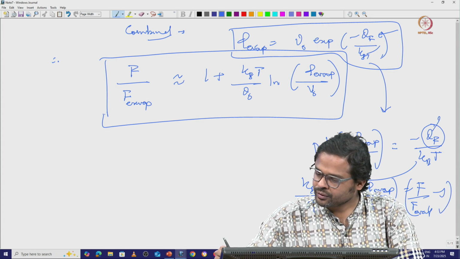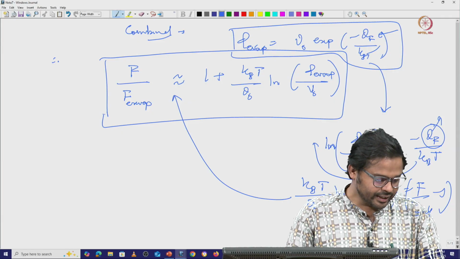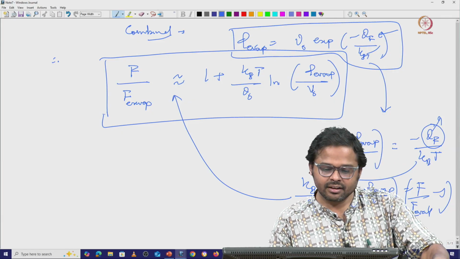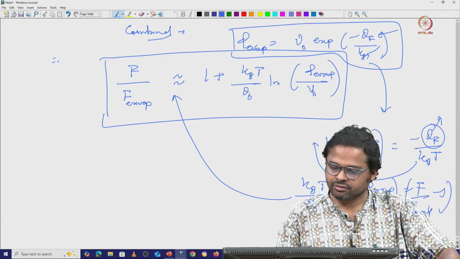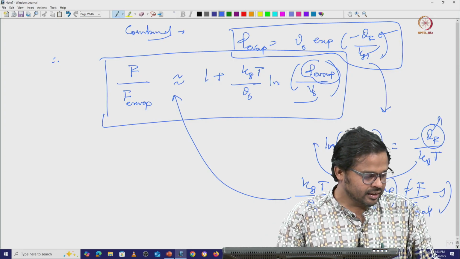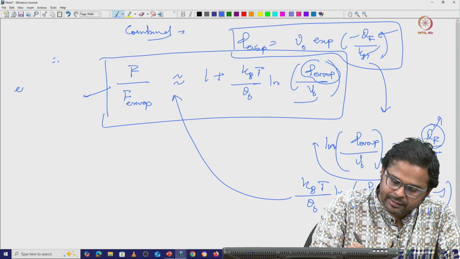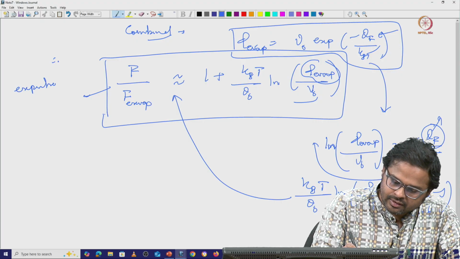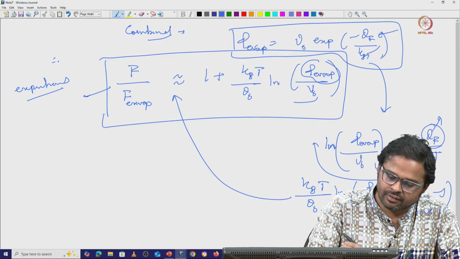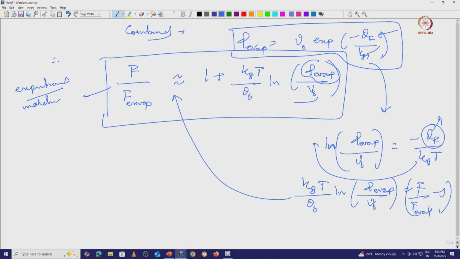This expression can be rearranged into this form. This is how you get the field as a function of evaporation rate, and experimentally the values match with the calculated values.